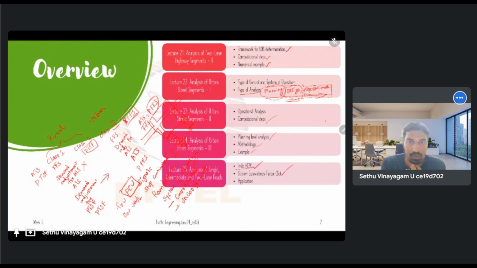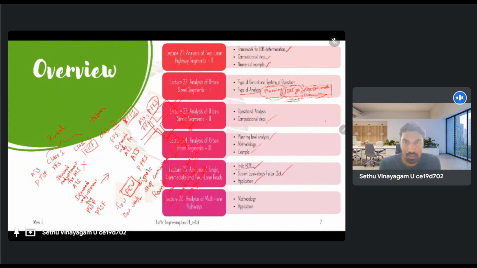This was introduced in the Indo HCM, and that is what we will be using in the analysis. Then we looked at some applications of how to use this manual for analysis. And in the last lecture, we were looking at the same Indo HCM for multi-lane highway analysis, again the steps involved and also some examples to carry that out.